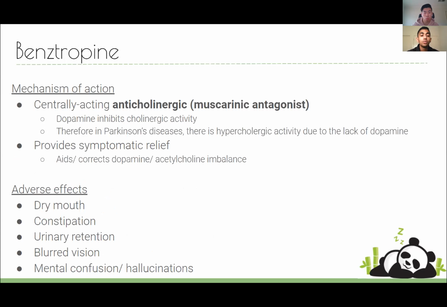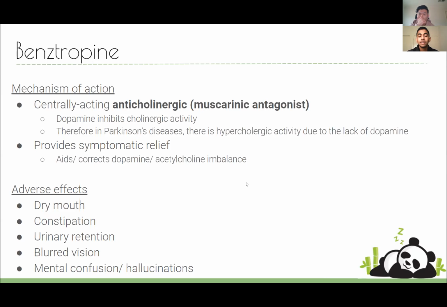Benztropine. So dopamine is also closely linked with our cholinergic activity. Dopamine inhibits our cholinergic activity. When we have Parkinson's, we don't have enough dopamine, so we're going to get lots of cholinergic activity, and that's going to lead to some of the symptoms. So we can use an anticholinergic to counteract all of that and provide some symptomatic relief.